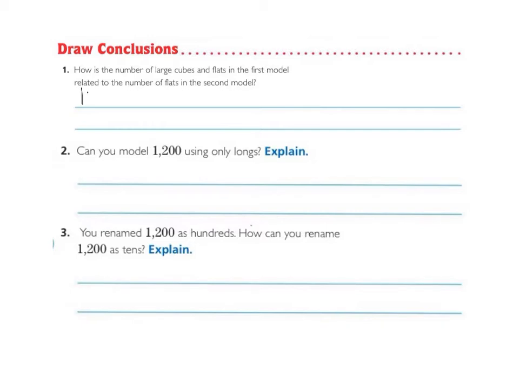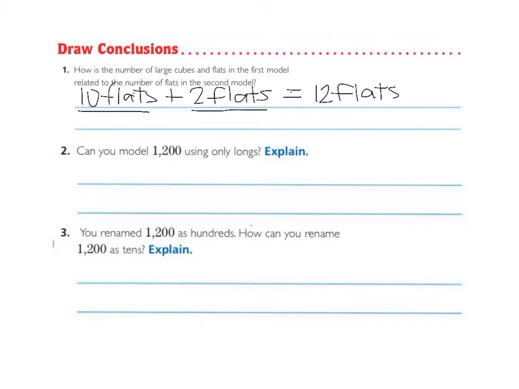Plus, I needed 2 more flats to make 200. So I had 12 flats. So in our first model, we showed 1,000 plus 200. In our second model, we showed 12 hundreds.